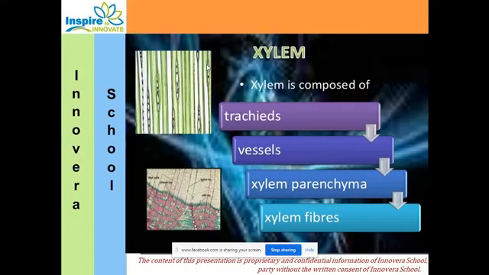I repeat: xylem is composed of four main types: tracheids, vessels, xylem parenchyma, and xylem fibers. Now, what each one of them does, we are going to discuss in detail.